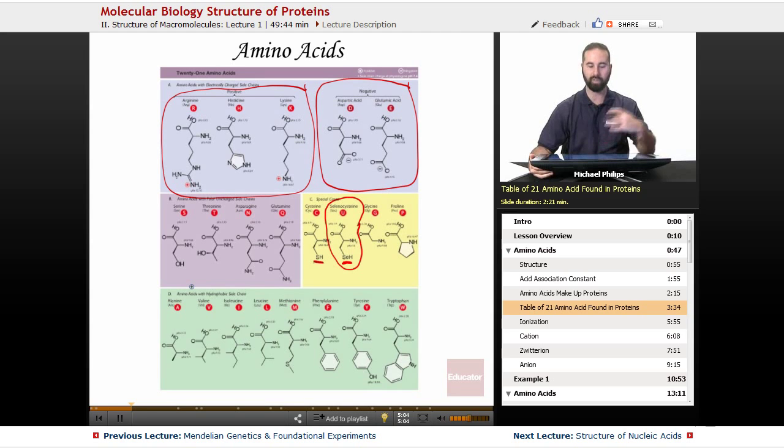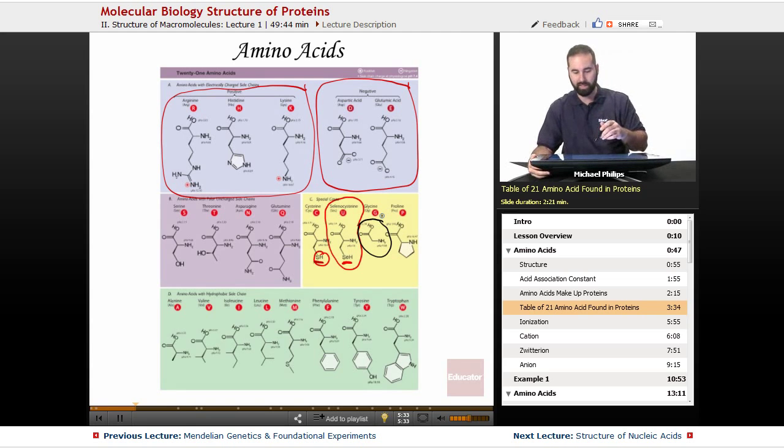As I said before, selenocysteine is kind of a special case, and cysteine is very special in that its sulfhydryl group, right here, can participate in what are called disulfide bonds, and these are very important for the structure of proteins. Glycine is special in that it is the simplest amino acid, where its R group is only a hydrogen.